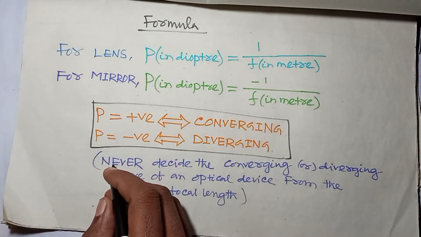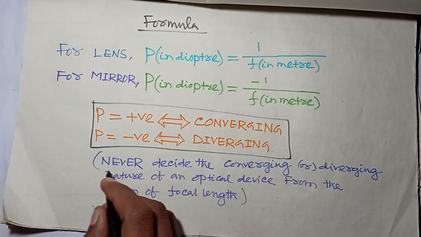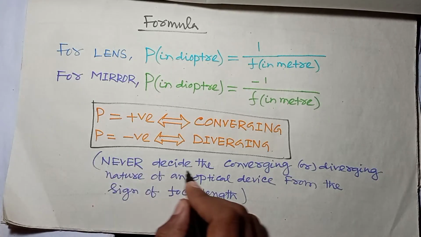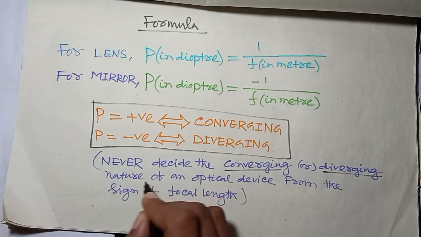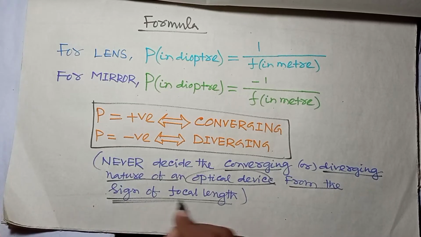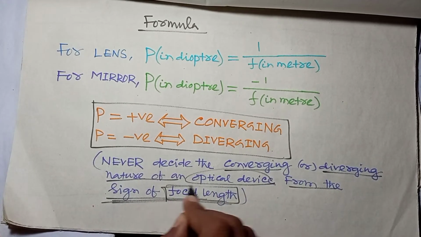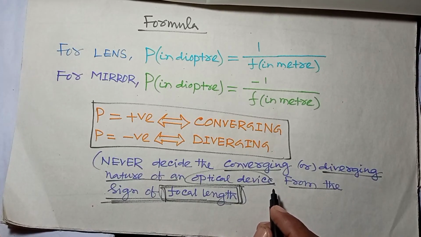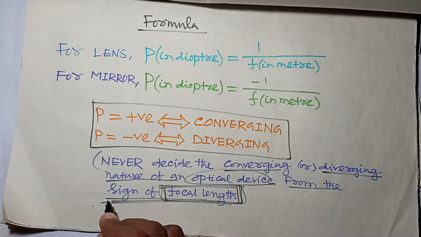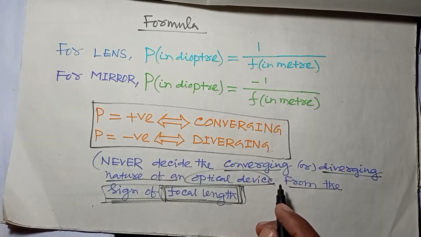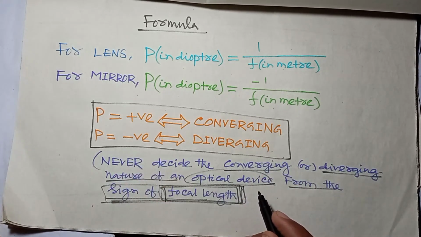There is a very important point to be noted down: never decide the converging or diverging nature of the optical device from the sign of focal length. Most people make this mistake. They say that if focal length is positive, then it will be converging, and if focal length is negative, then it will be diverging.